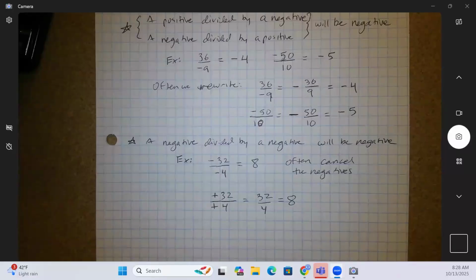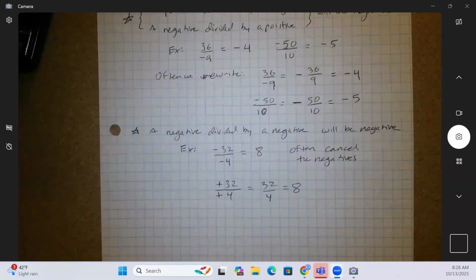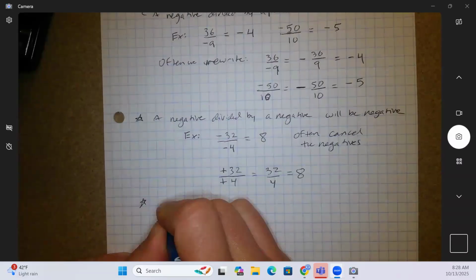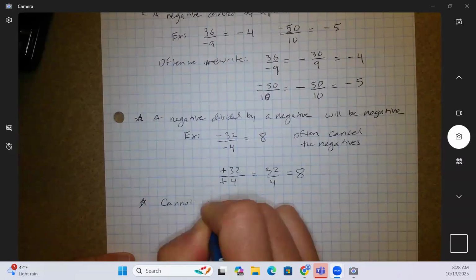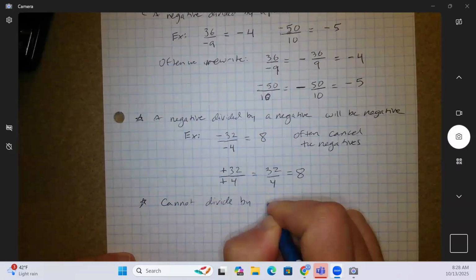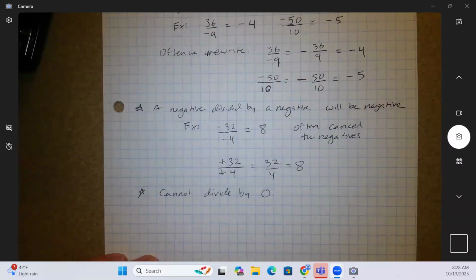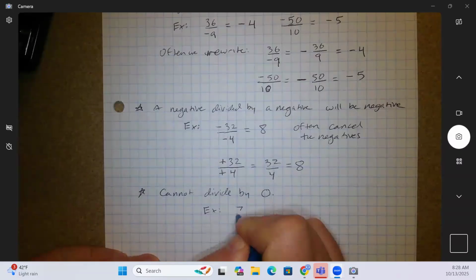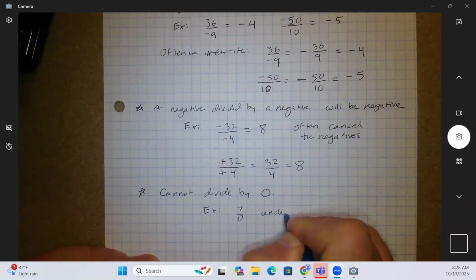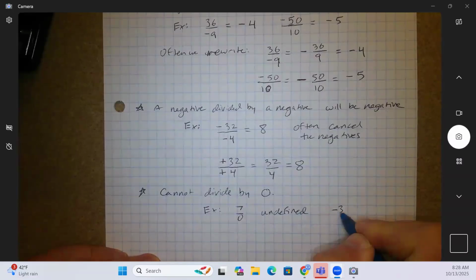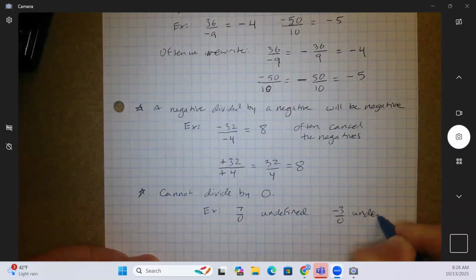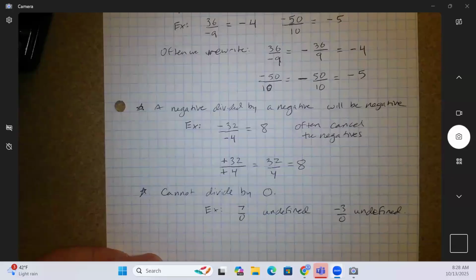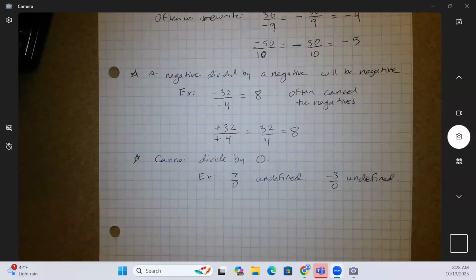Those are our, oh, one more. Yep. You cannot divide by 0. Example, 7 divided by 0 is undefined. And also -3 divided by 0 is undefined. So we add that extra rule just to remind ourselves. Technically, there's a multiplication rule as well, which is any number times 0 equals 0.